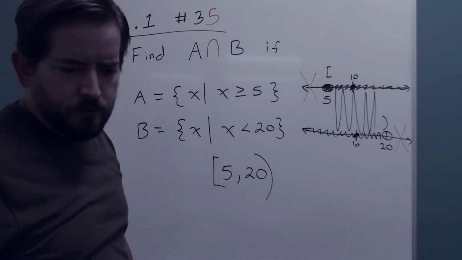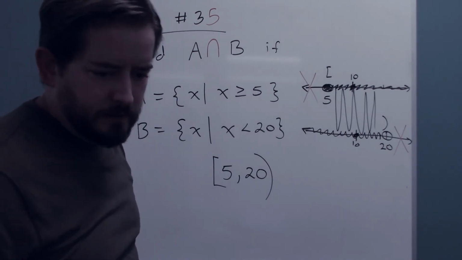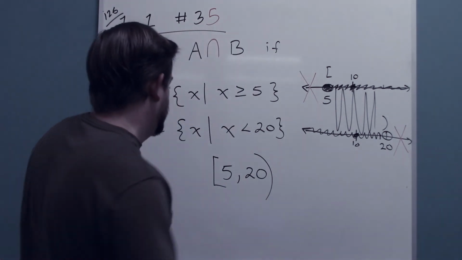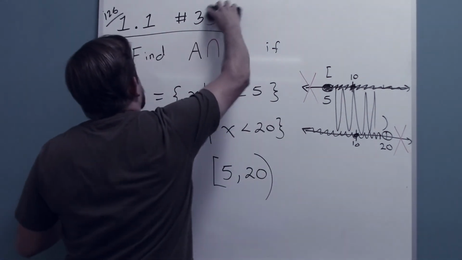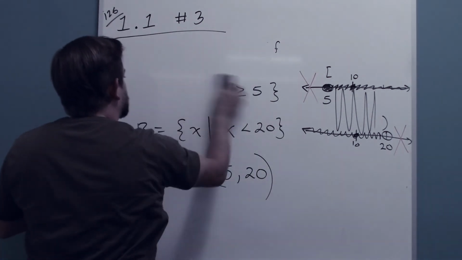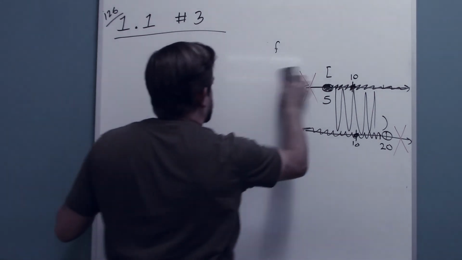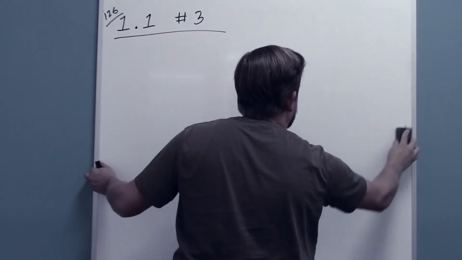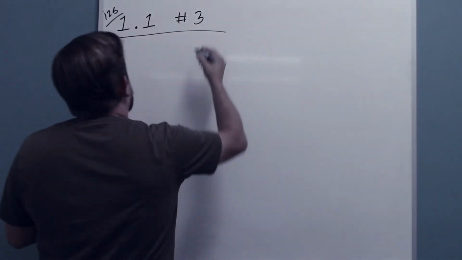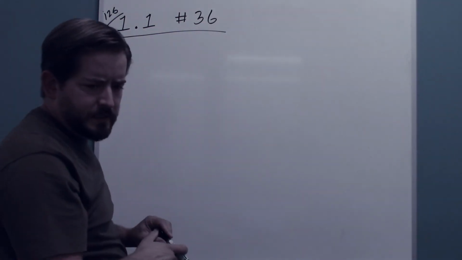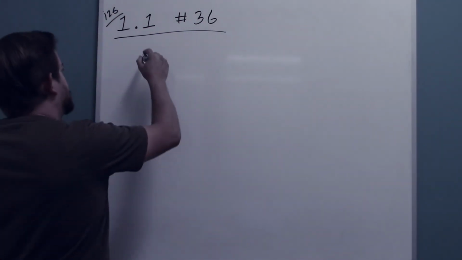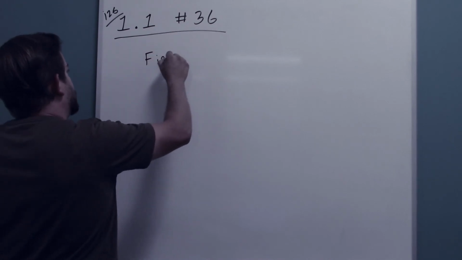And the last one was 36. Thirty-six says it's a union, so we're finding A union B again.